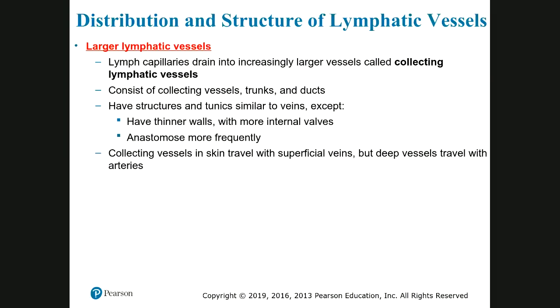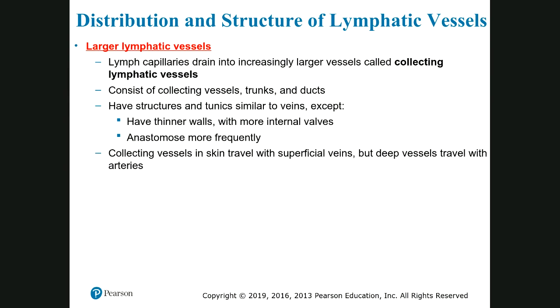The wall of the lymphatic vessels is supplied by those vessels that we call vasa vasorum, which are blood vessels in the wall of the large lymphatics, and they are the ones that supply the nutrients to those deep lymphatic vessels, which is kind of weird.